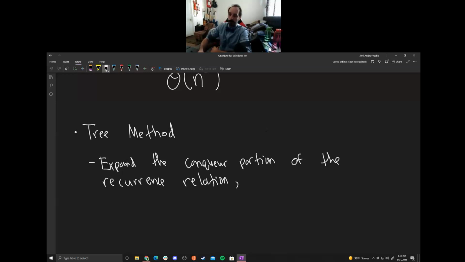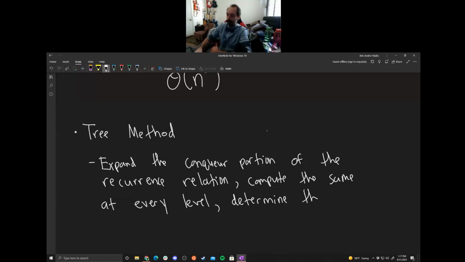You want to compute the sum at every level, and then determine the amount of levels needed.